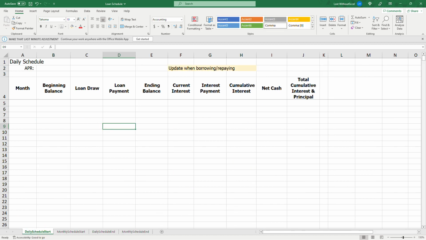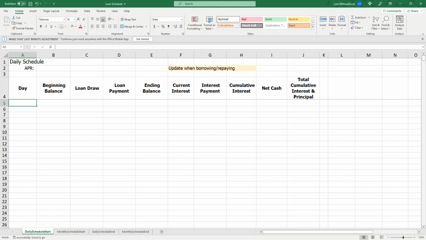I'm going to start with the daily schedule, and I've already loaded in the headers here. If you need to pause and get the headers, it's easier to just start with this, because you don't need to watch me type everything. Go ahead and pause and come back when you're ready, but I'm going to move ahead. This one is days, not months, over here.